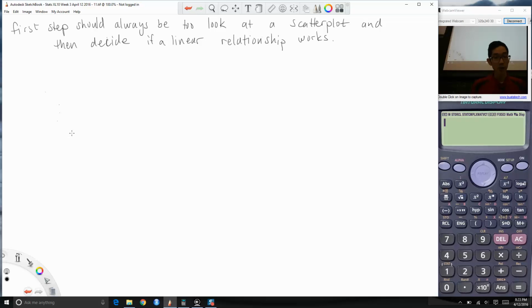So we have a numeric summary, a summary statistic, that summarizes the direction and strength of a relationship. This is called the correlation coefficient. Okay, so the correlation, or the full name, the correlation coefficient.